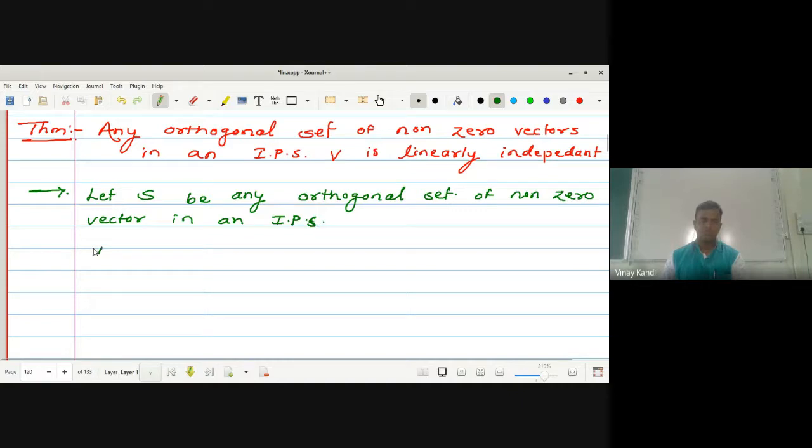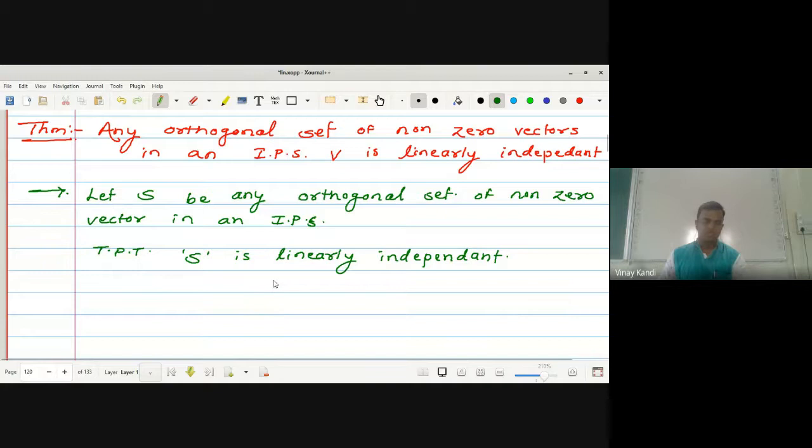We have to prove that this set S is linearly independent. That is, we have to prove that if the linear combination of vectors of S is equal to 0, then each scalar involved in that linear combination must be 0.